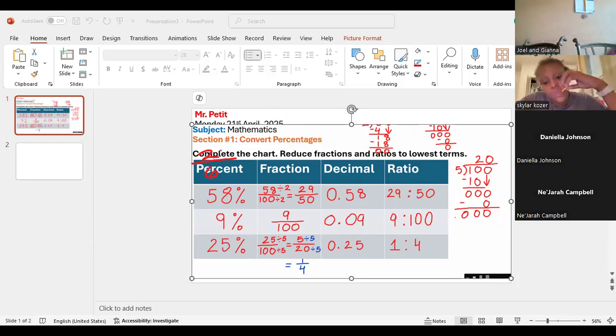Why are you saying 2 over 3? Pay attention. Simplify it. How many times does 2 go into 2? 1. Very good. What is 6 divided by 2? 3. So the answer is 1 over 3. Good.